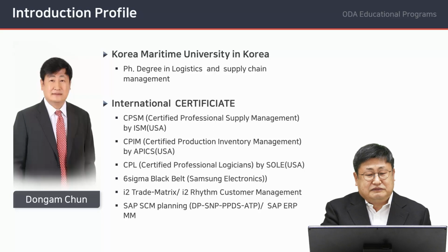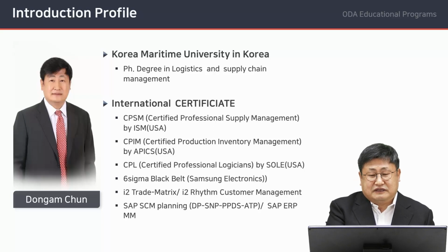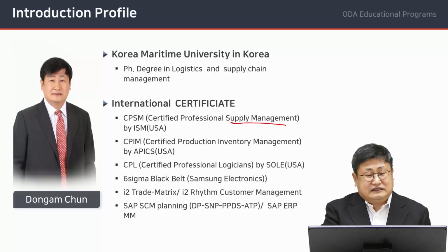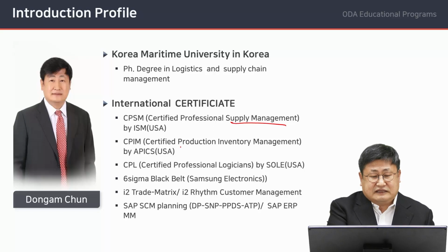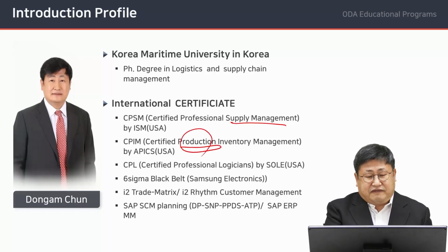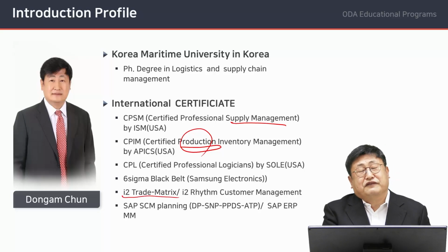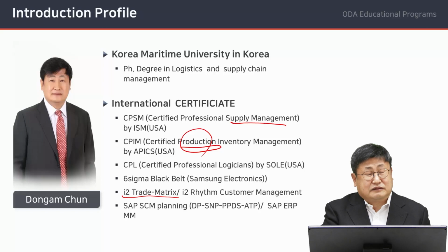CPSM is a kind of supply management, the procurement side, from ISM in the United States. CPIM is the production side, and CPL, professional logistics, is by international logistics as well. I also have a Six Sigma black belt, IT certifications, and SAP SCM planning, which is information technology related to logistics and supply chain management.